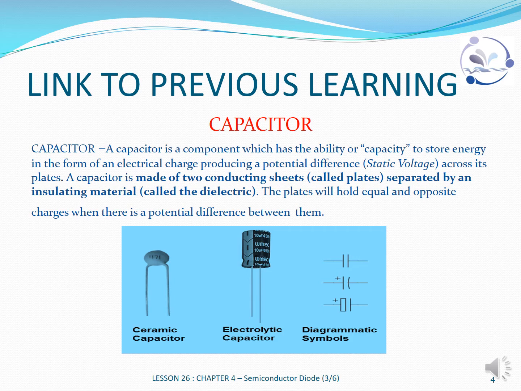A capacitor is made of two conducting sheets called the plates, separated by an insulating material called the dielectric. The plates will hold equal but opposite charges, and there is a potential difference between them.